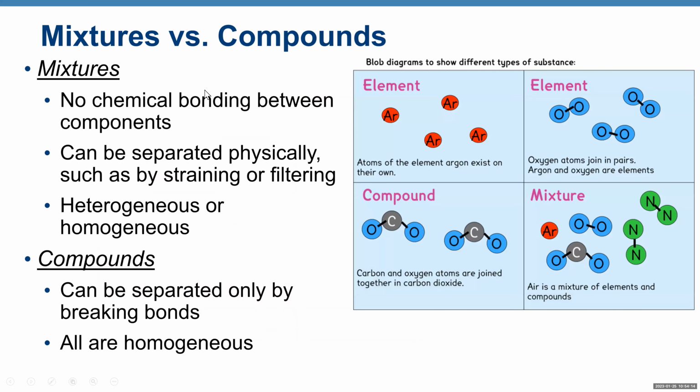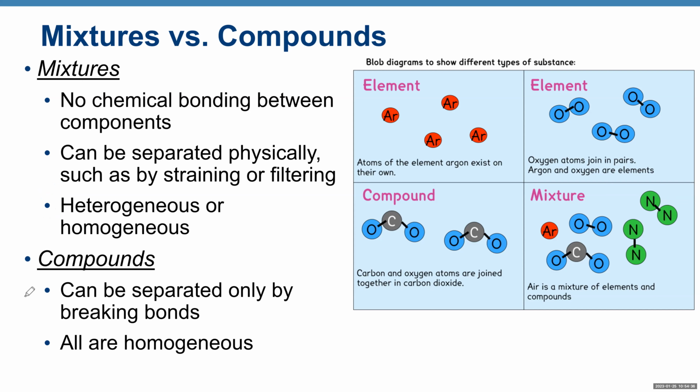So mixtures have no chemical bonds between components, can be separated physically, such as by straining or filtering, and can be heterogeneous or homogeneous.